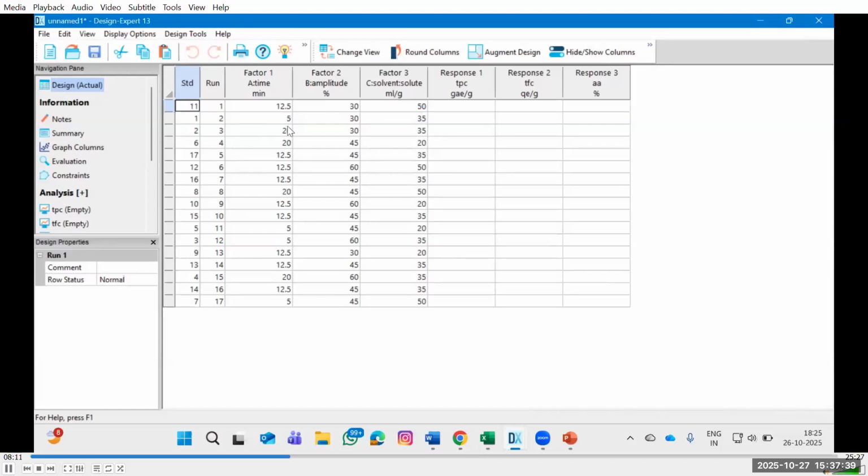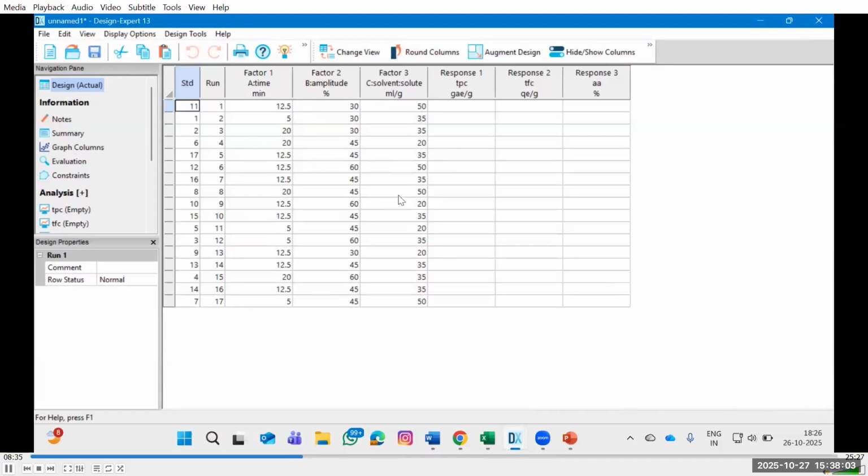So we run the ultrasound at 30% amplitude, while the sample has 50 ml of solvent added. Like this, the whole 17 runs will be experimented as per the combinations shown here.